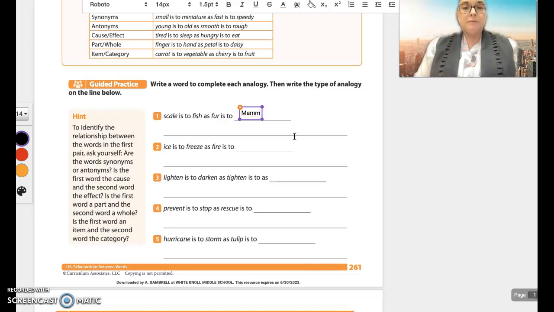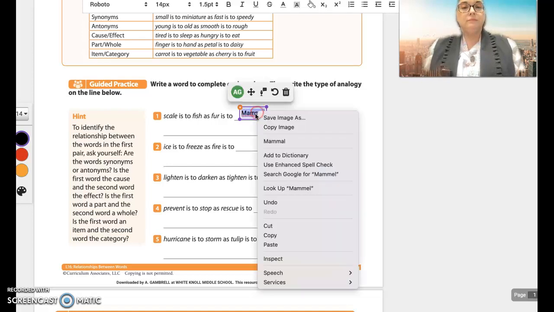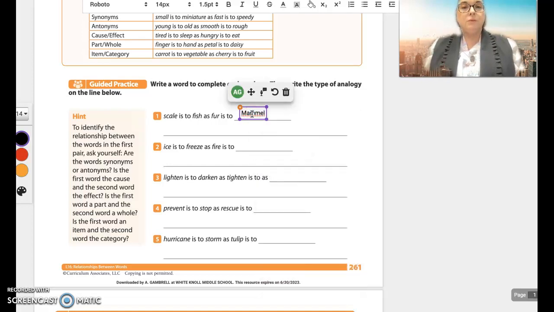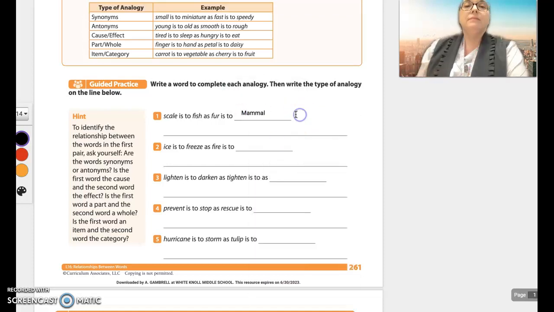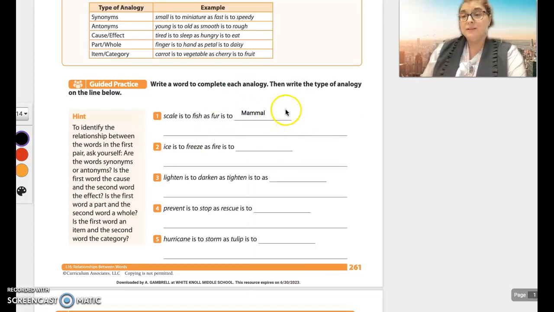Oops, I misspelled it. I misspelled that one too. See, this is why we have spell check. All right, so scale is to fish, as fur is to mammal.